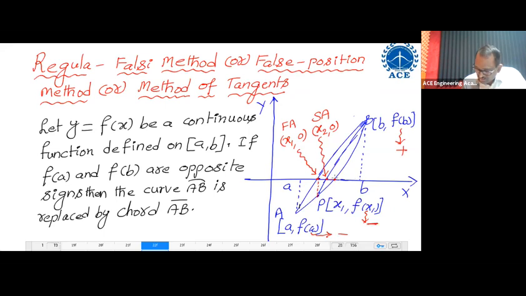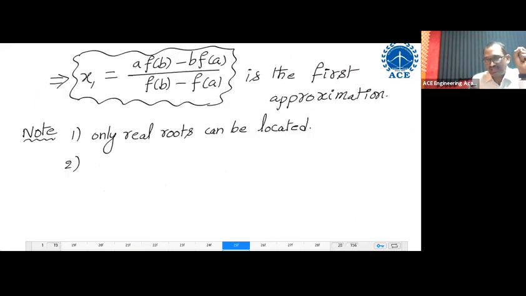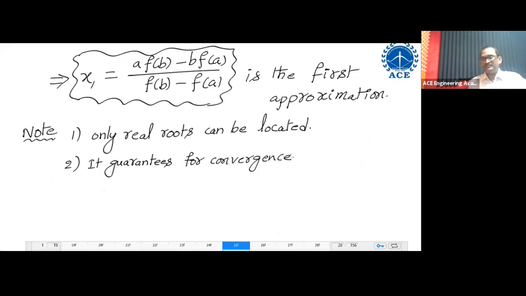Gradually we are coming close to the curve crossing the x-axis, so gradually we are coming to the root, meaning guarantee for convergence. Convergence means coming close to the correct answer. It guarantees convergence, and only real roots can be located.